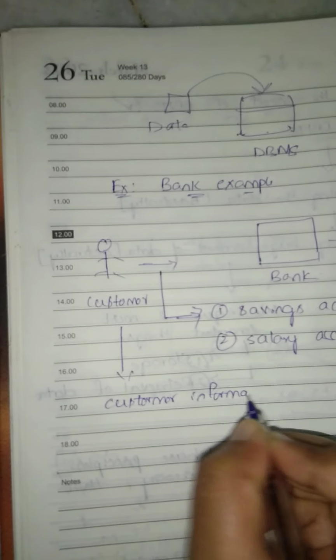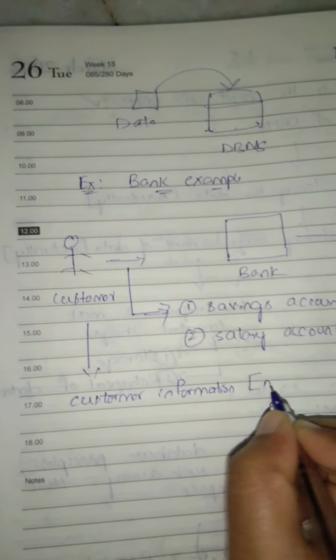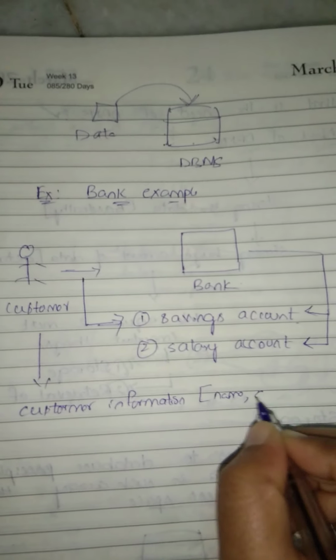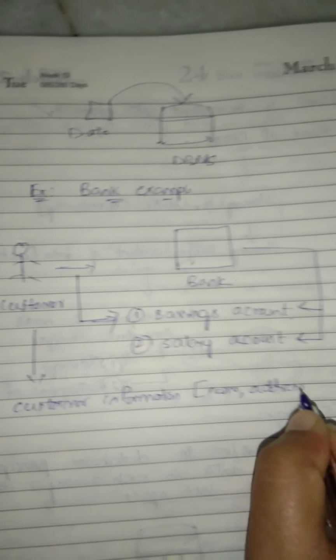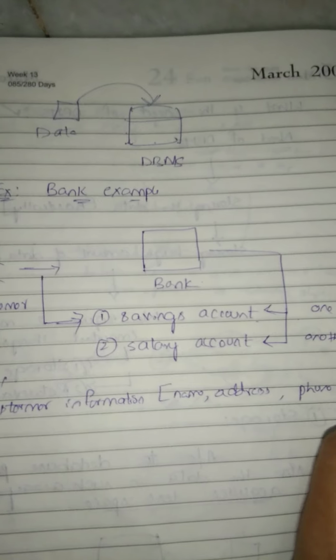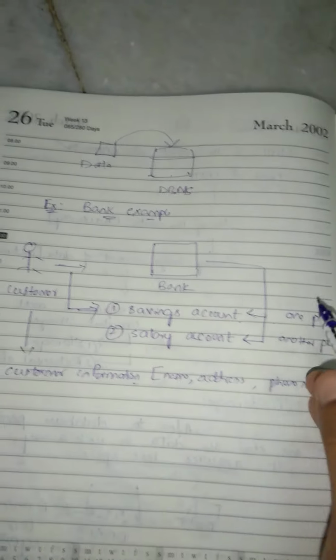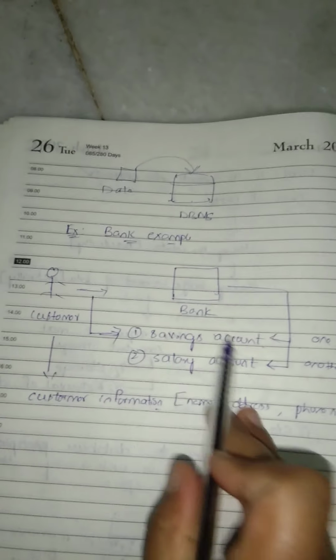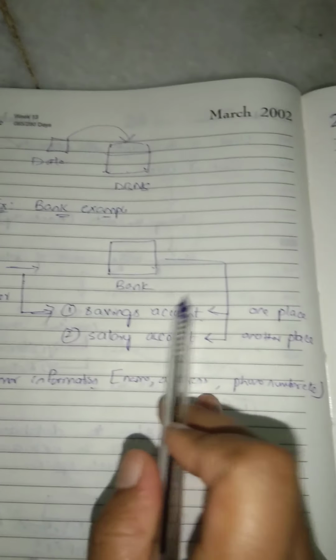Customer information in the sense customer name, address, phone number, etc. By taking this customer information, the bank has created two accounts for this customer: one is a savings account and the other one is a salary account.